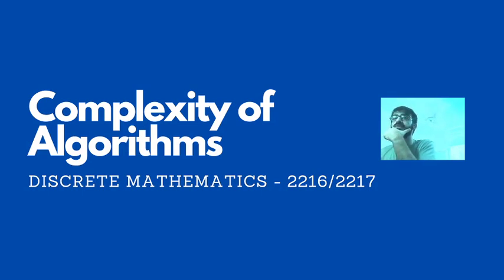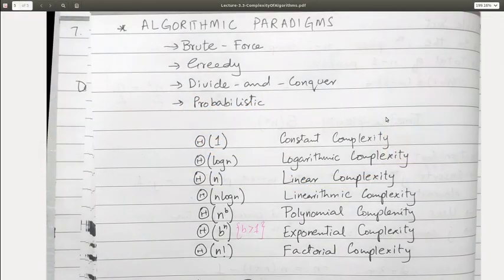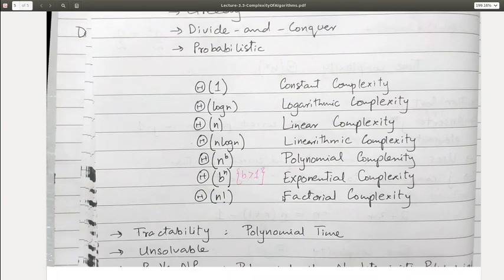P versus NP. Okay. Let's go back to this. P versus NP is simply a class of algorithms. You have different problems and different problems are in different classes. If your algorithm is a polynomial time algorithm, we say it is in class P, that is, there exists an algorithm that can solve it in polynomial time.